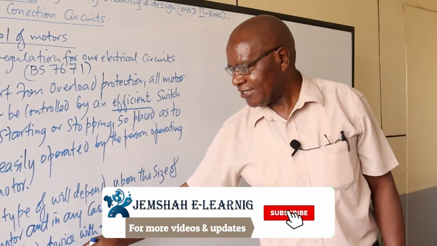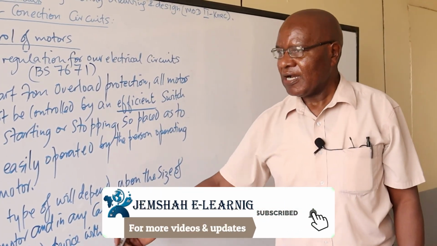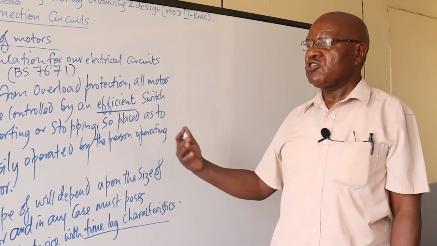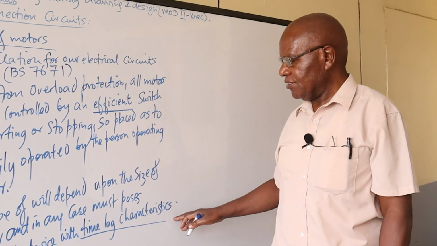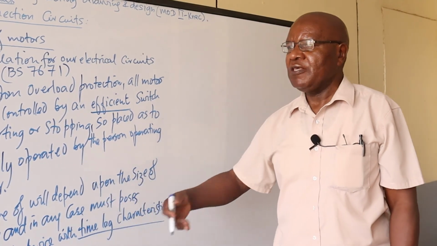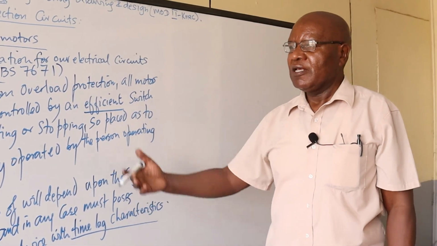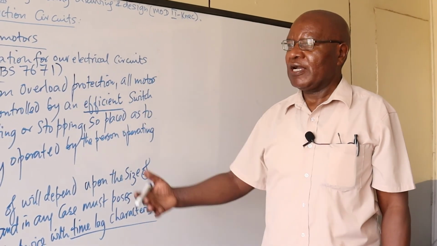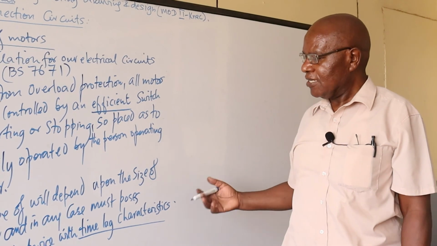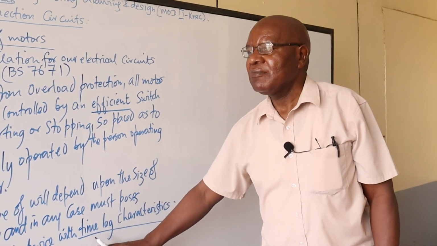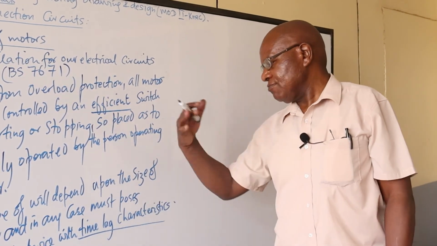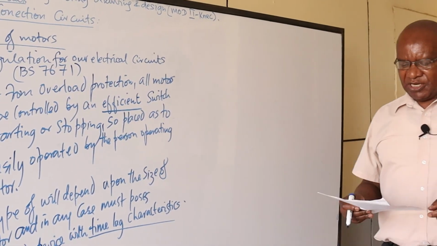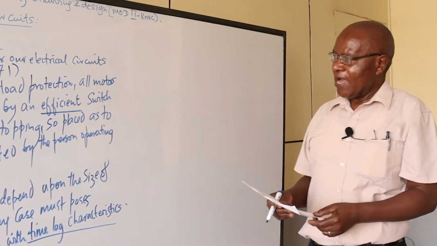In case it was magnetic, when you're starting the motor, the current is usually high, sometimes 3 or 4 times the normal current, they would trip. But the time lag characteristics means they will take time before they trip. That would mean the motor will start rotating, produce the back EMF to control the current that is flowing in the circuit. And of course the time lag, you can set the time before they trip. So that's one of the recommendations of the IEE.